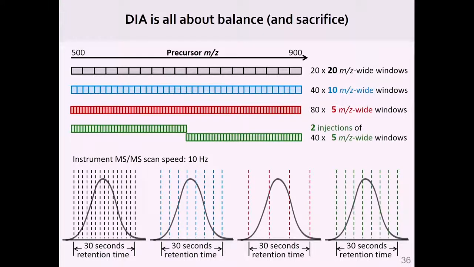One thing that's a kind of a trick, and don't rule this out, in fact, this is something that our lab does a lot of, is making multiple injections. So you can make 2 injections, which covers 40 by 5 mass to charge wide windows. And this kind of gets you back up to the same sort of sampling frequency of the 10 mass to charge wide windows. And so in general, we have found that this is a very useful strategy, to make multiple injections to cover a given sample.